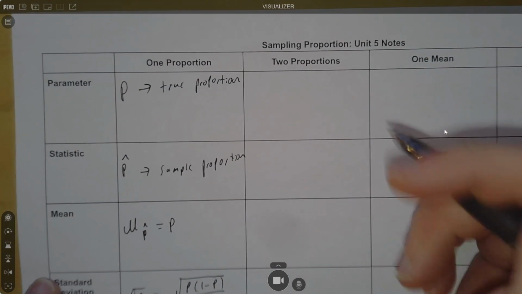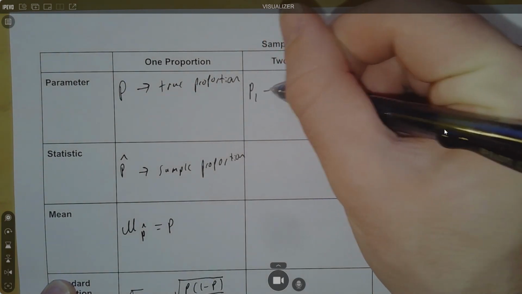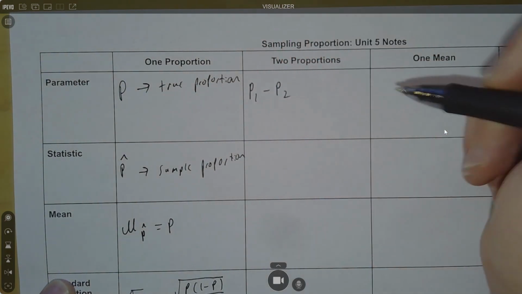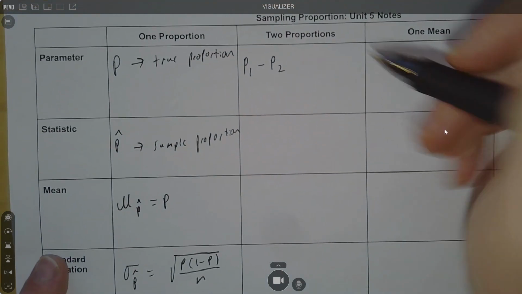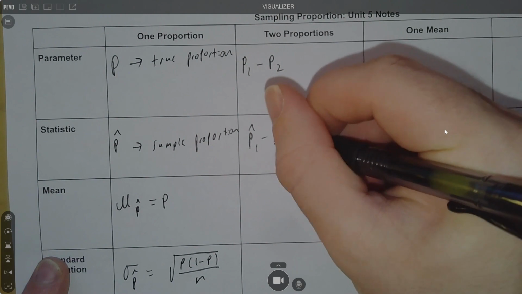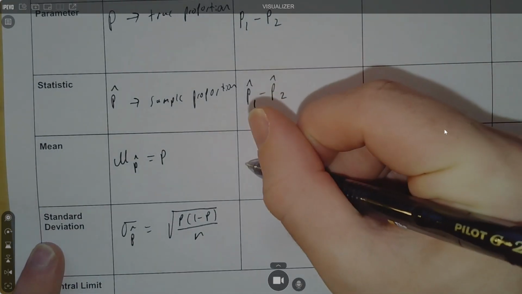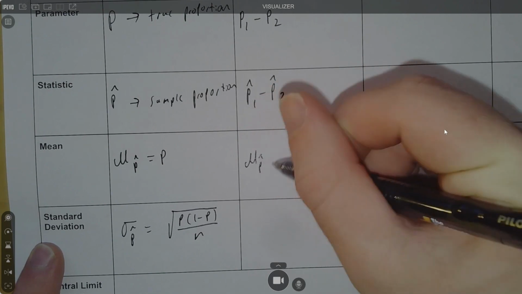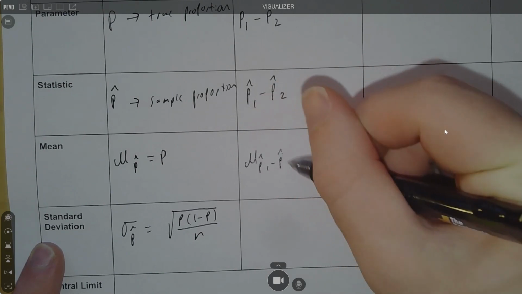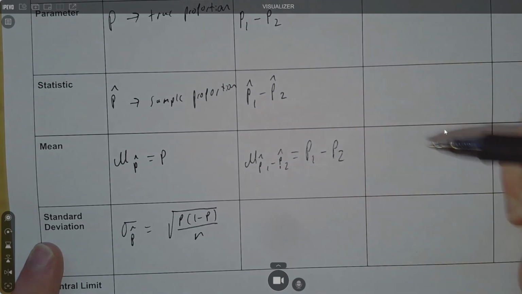2 proportions. If it's 2 proportions, then the parameter is p1 minus p2. That's the difference of the true proportions. The statistic would be p hat 1 minus p hat 2. And then the mean, the mu of p hat 1 minus p hat 2, is equal to p1 minus p2.